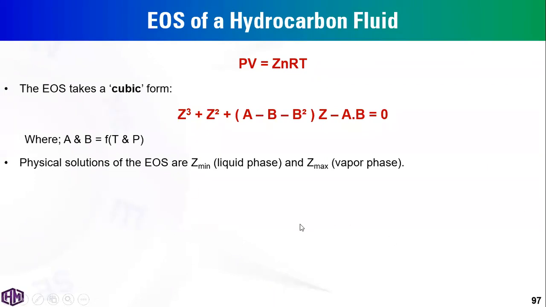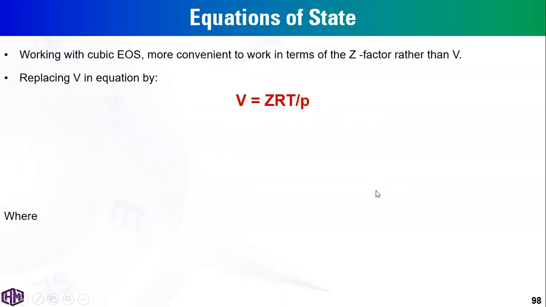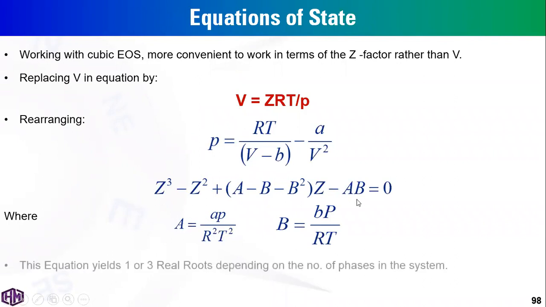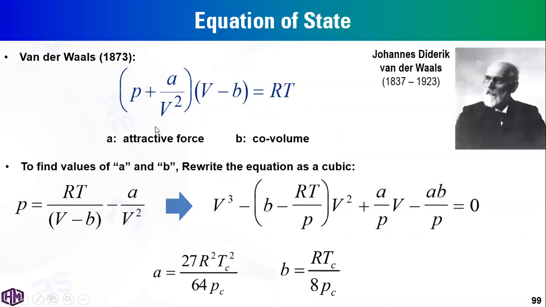For the physical solution of this equation, we have the minimum and the maximum roots relative to the oil and vapor phases. So we can get the volume on the right-hand side. We can get different forms of equations of state and get parameters A and B. The widely known and commonly used equation of state, and one of the oldest, is the Van der Waals equation in this form.